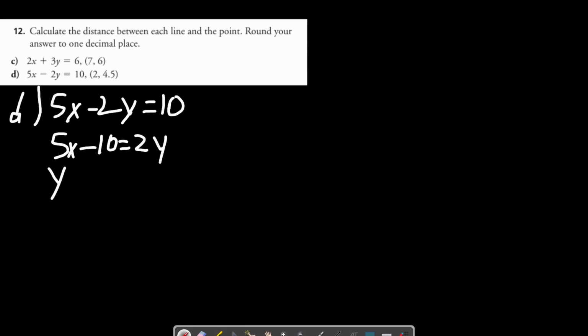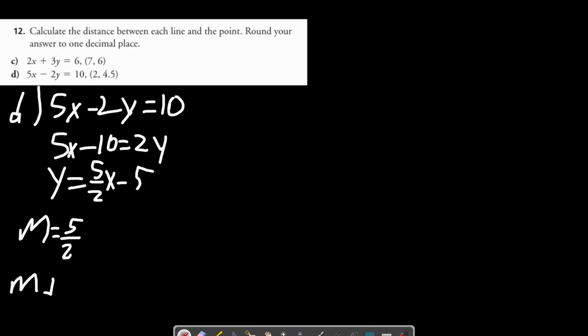So y is equal to 5 halves x minus 5. So our slope is equal to 5 halves, and our perpendicular slope is negative 2/5.